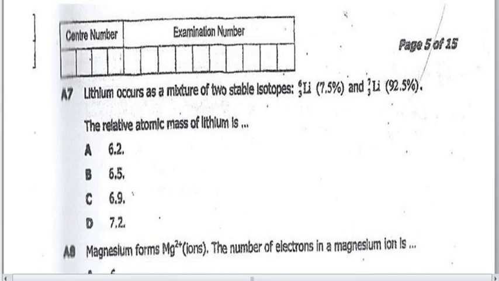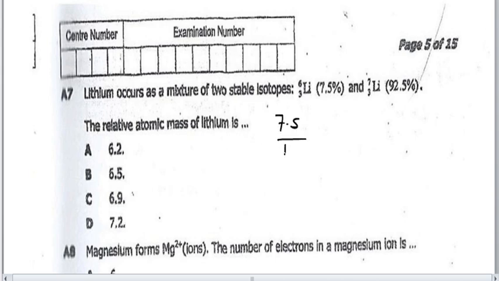Alright, question 7. Lithium occurs as a mix of 2 stable isotopes, lithium-6 at 7.5% and lithium-7 at 92.5%. The relative atomic mass of lithium is, now if you are to find the relative atomic mass from percentages, this is what you do. We've been given percentages, so we've been given 7.5%.